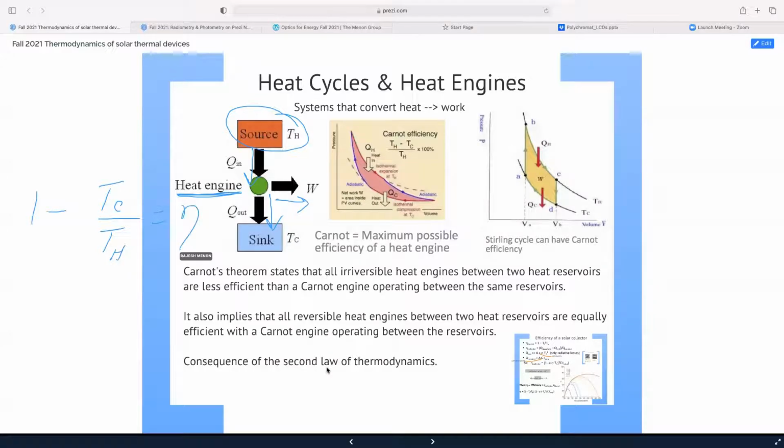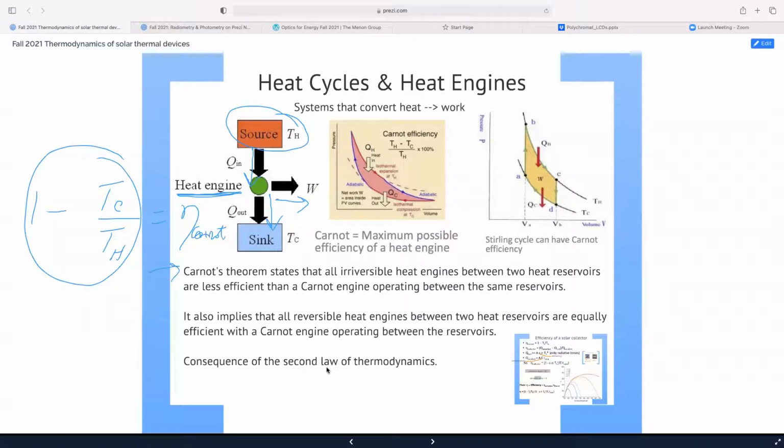We'll apply this to the solar concentrator case shortly. Carnot's theorem says that all irreversible heat engines between two reservoirs are always less efficient than a Carnot engine operating between those two reservoirs. And the efficiency of the Carnot is given by that expression.